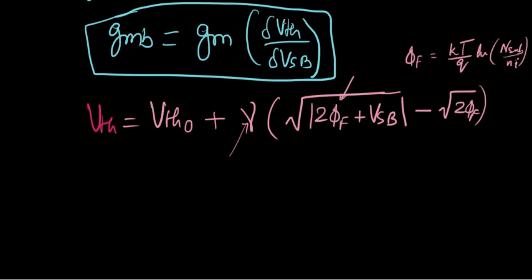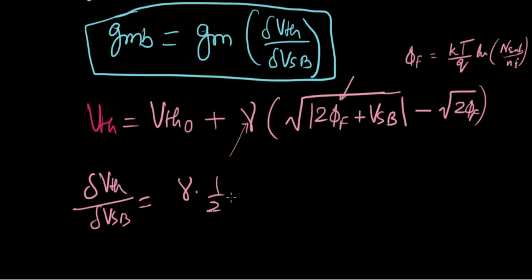So why don't we differentiate this equation with respect to VSB? Here we go. Delta VTH over delta VSB. This goes to 0, it's constant. If you open this parentheses, you'll have a gamma times 2 phi f, so that whole thing is again a constant, and it's gone. All we have is this term, and if you differentiate that, what do you get?